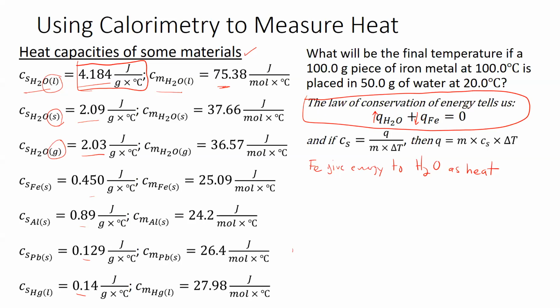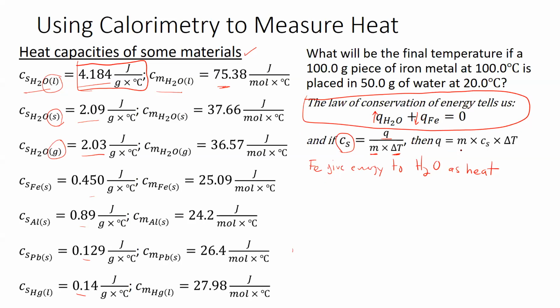So what that means is, you can kind of see here, if we take our specific heat, the specific heat capacity is the heat required to raise the temperature of 1 gram of a substance by a change in temperature per degree Celsius. So we can rearrange that equation.